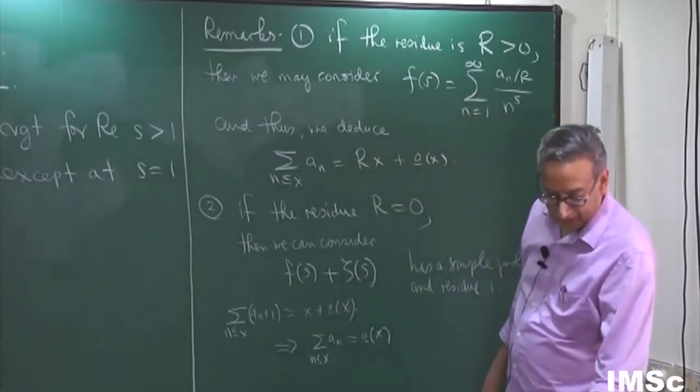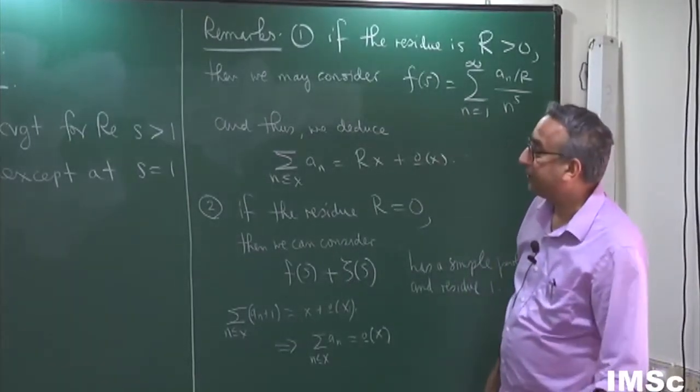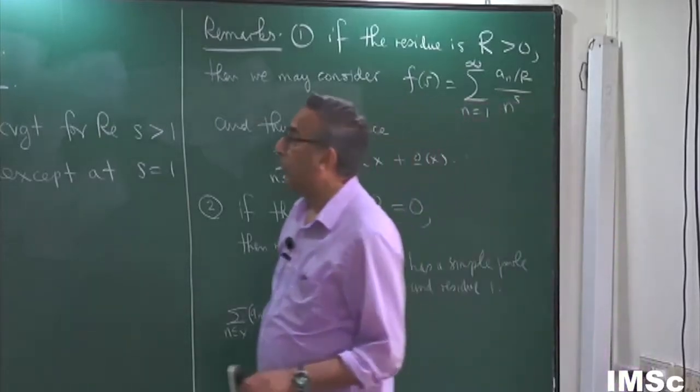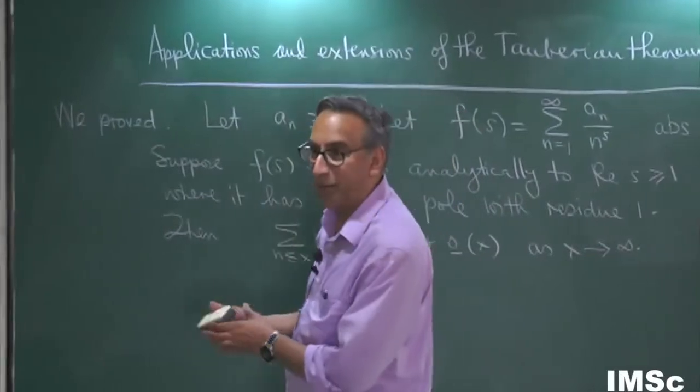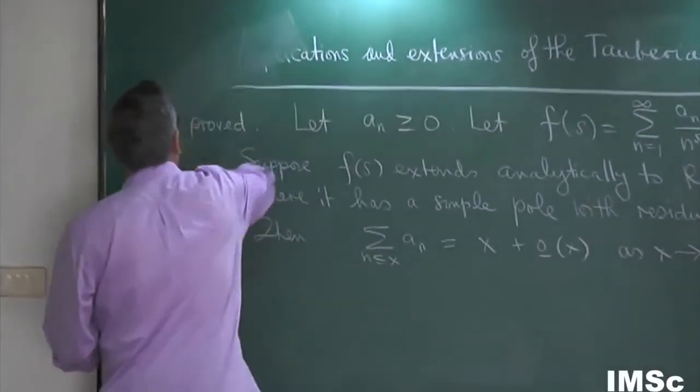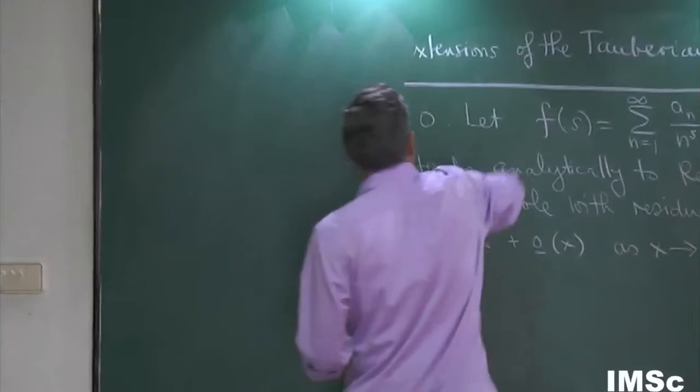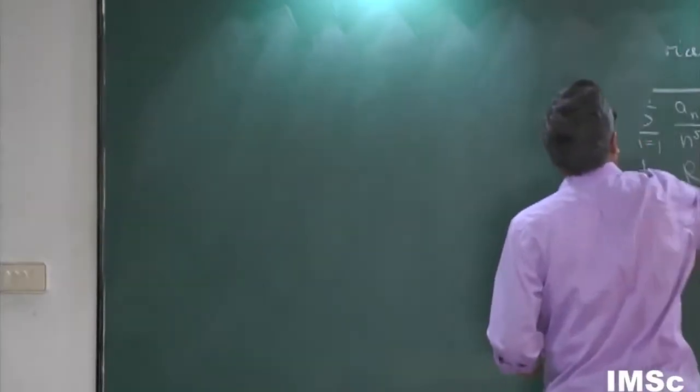Second reduction, modification is what to do with respect to, okay, I hope you have this kind of memorized. Okay, I'll rub this off. So we'll now modify the Tauberian theorem to prove the following theorem.